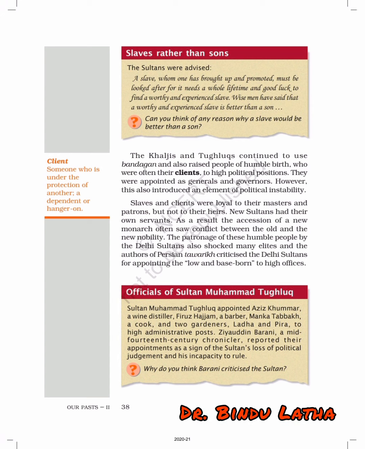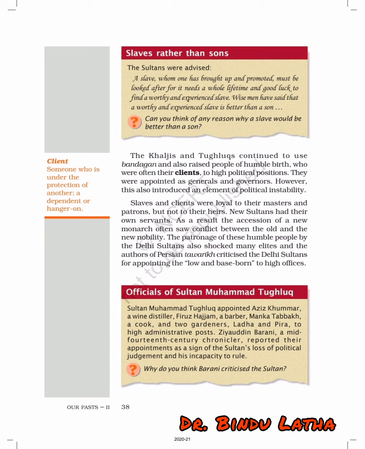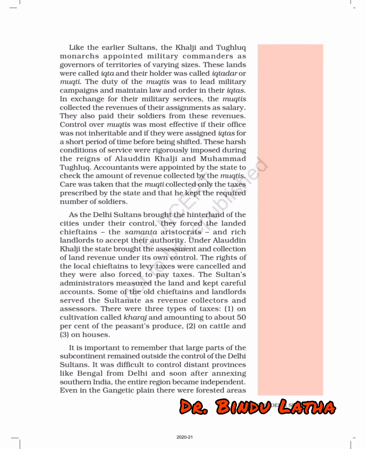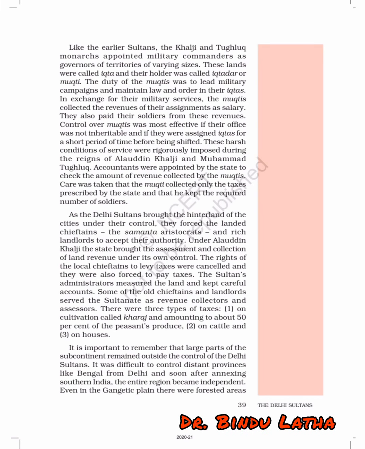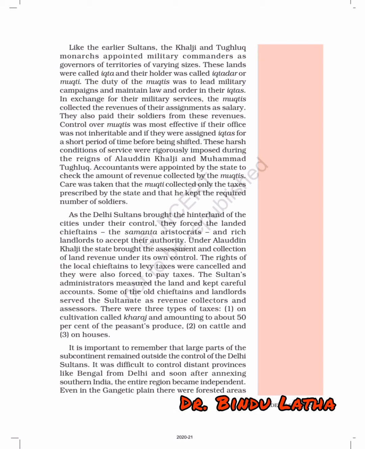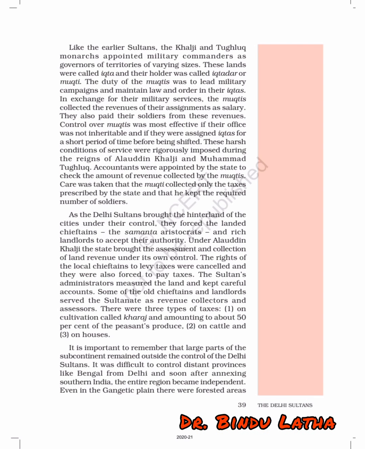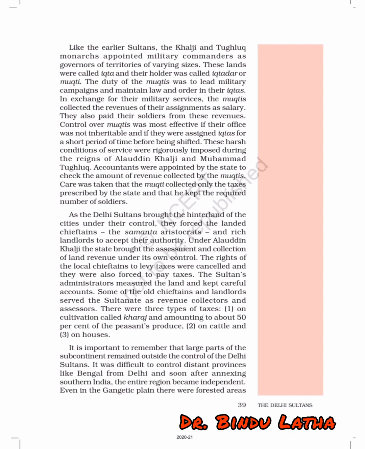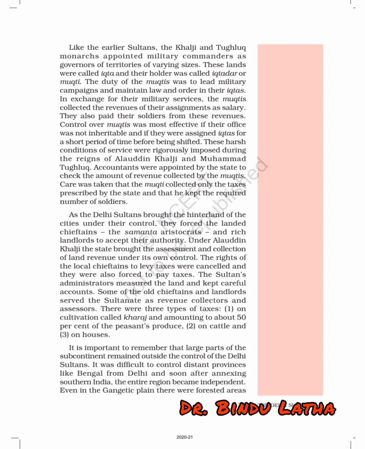Their main duty was leading military campaigns against their enemies, and instead of a salary for that, they got the right to collect revenue and use it as their salary. From this collected amount, they also paid salaries to their soldiers.